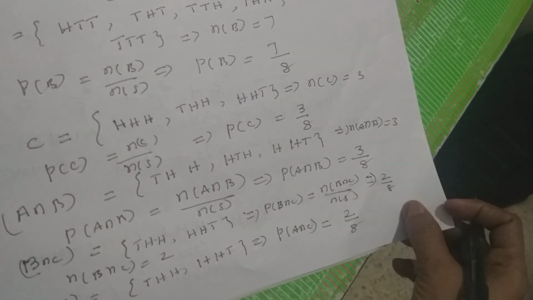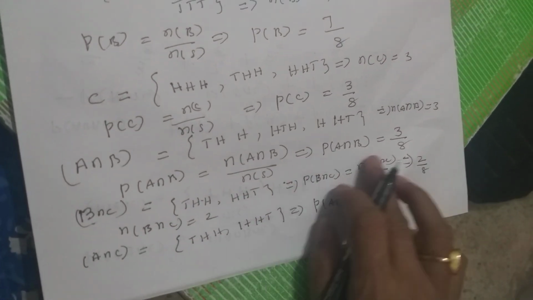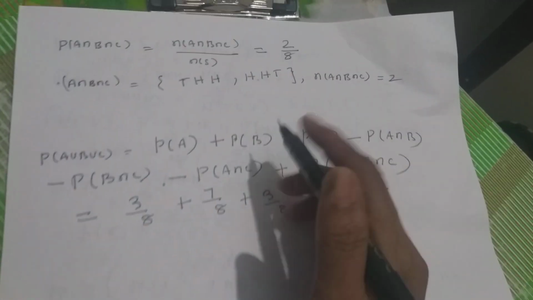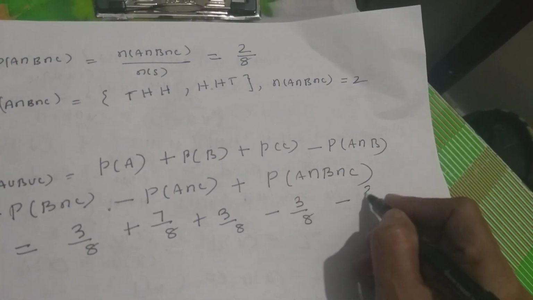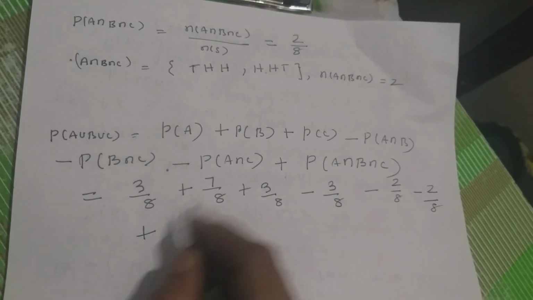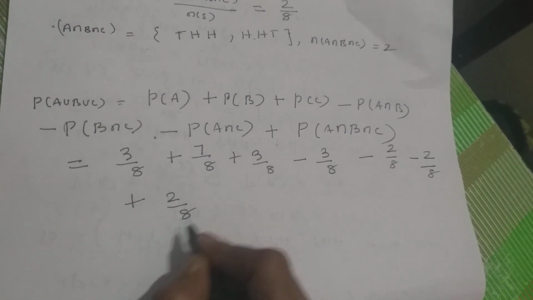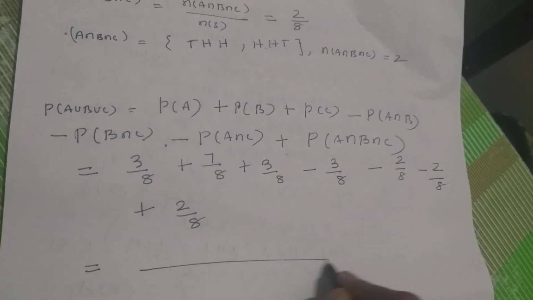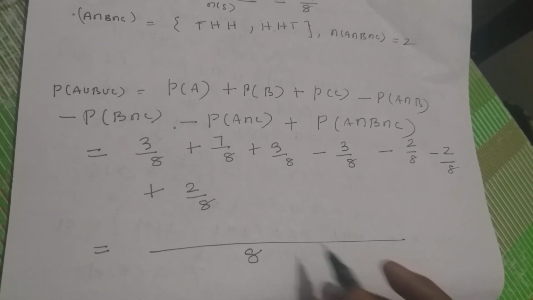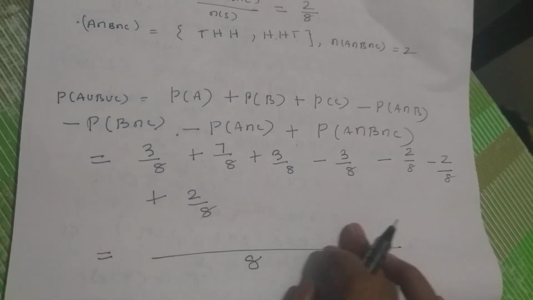And B intersection C we got 2 by 8. And A intersection C also 2 by 8. So substitute here: minus 2 by 8, minus 2 by 8, plus A intersection B intersection C, which is 2 by 8. We know in mathematics, when the denominator is the same number, you can take it as the LCM, and whatever numbers are in the numerator, with the sign, you can write here.